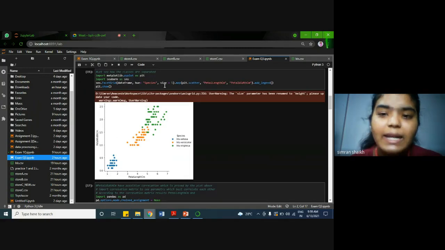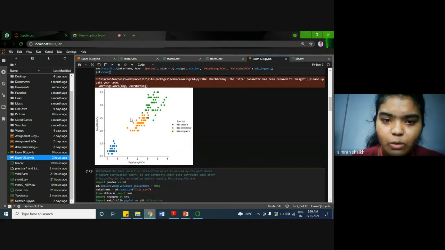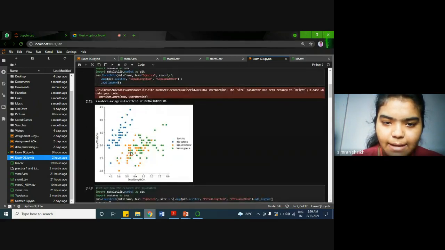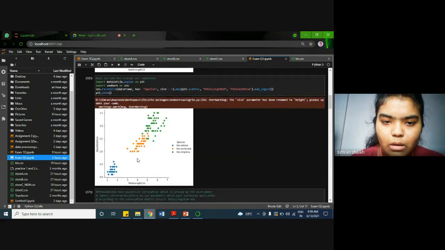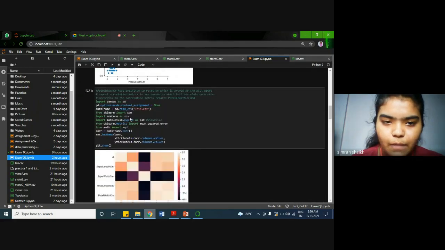Here we are taking petal length to petal width. All right, so here you can see there is a correlation in the species. It's very distinct, but here everything is scattered around.